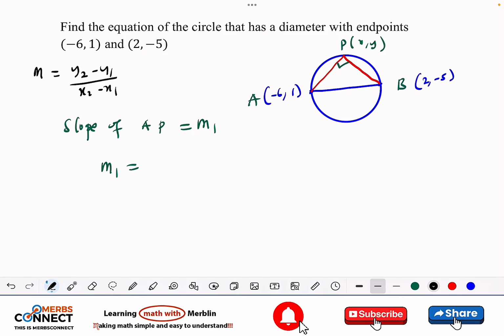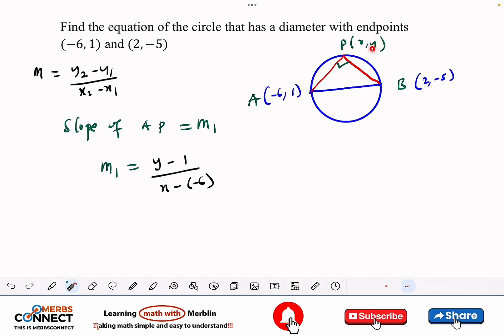This gives us y minus 1 divided by x minus 6. So this is my y2, y1, x2, x1. So my slope here is going to be y minus 1 divided by x plus 6.